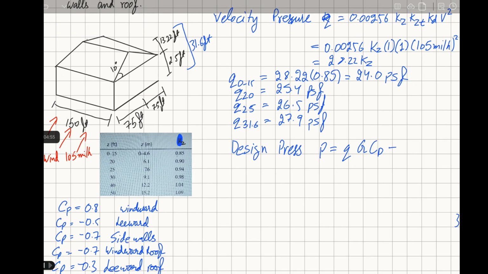And subtracting from this, it'll be the velocity pressure for the other sides of the building times the gust factor times the external pressure coefficient. But one thing to note here is that we're going to put both of these in brackets, and then it becomes our internal pressure coefficient.